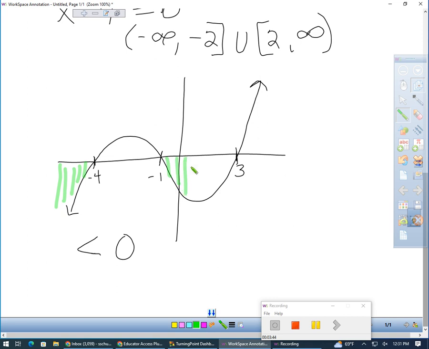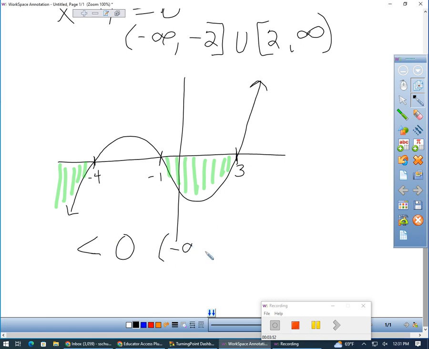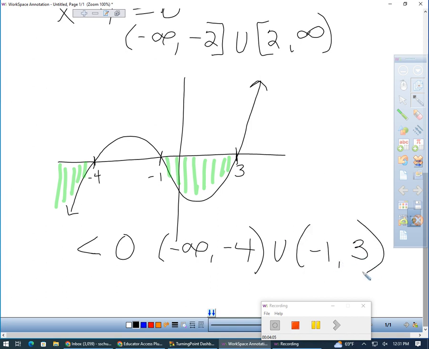This is all less than. So how do you think we can write this interval? Okay, now it is just less than, so I'm going to make it a parenthesis, but I agree. And then what? Good. Negative 1 to 3. Completely agree. That's where it's below.